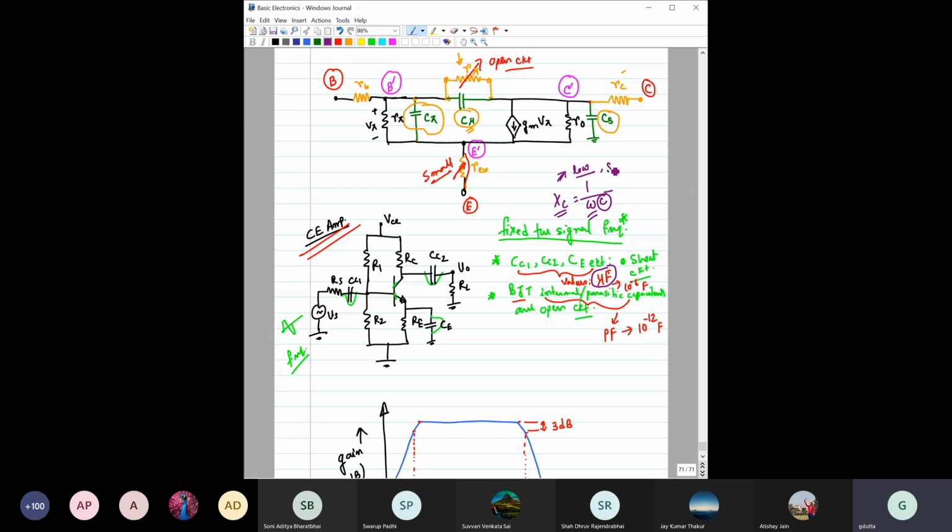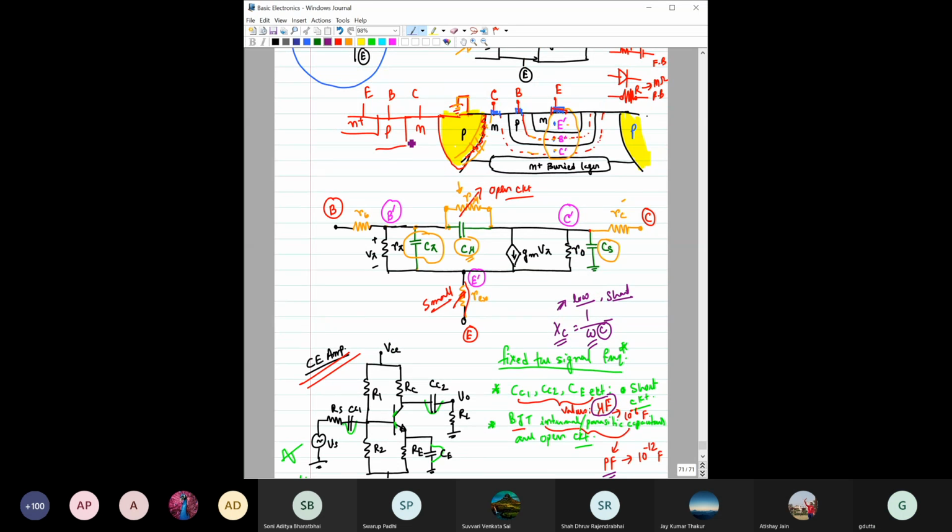That means short. However, for picofarad, the impedance offered by XC is pretty high, such that we have considered these capacitances to be open circuit.